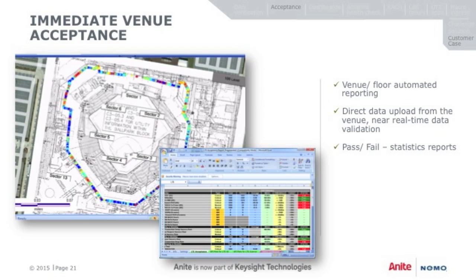Your RSRP has to be greater than negative 95. We can show you a red light or green light if your venue is a pass or a fail, which tells the field tester and even your engineers in the back office if those issues need to be fixed right away, or if they could be addressed at a later point.